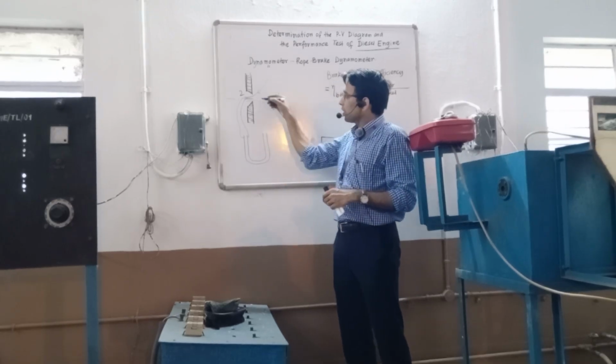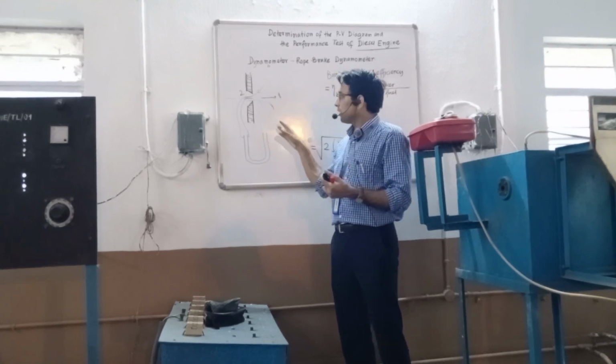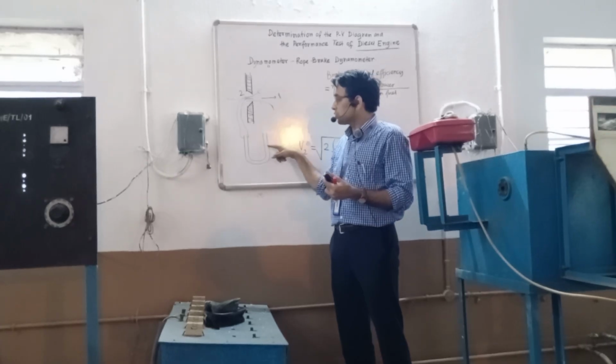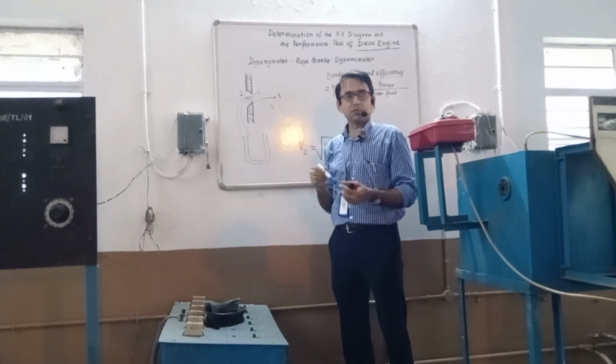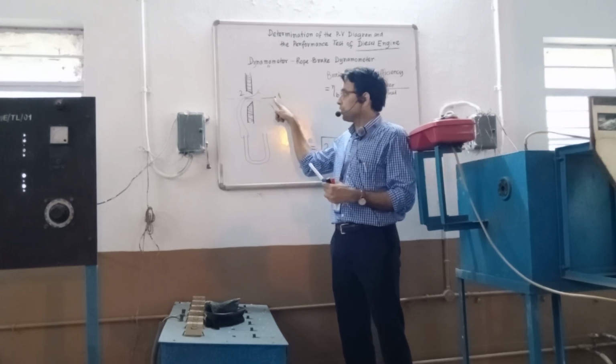So when the flow occurs, there will be a depression in the manometric fluid. According to you, which leg should have the higher level and which the lower level? Flow is taking place in this direction, so pressure here will be more compared to pressure here.